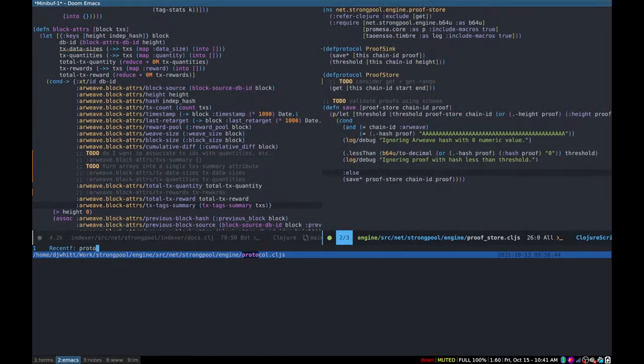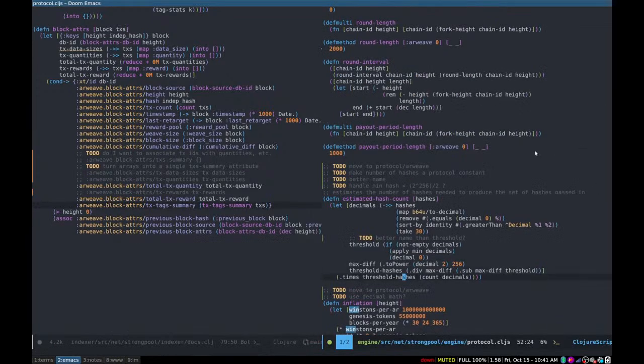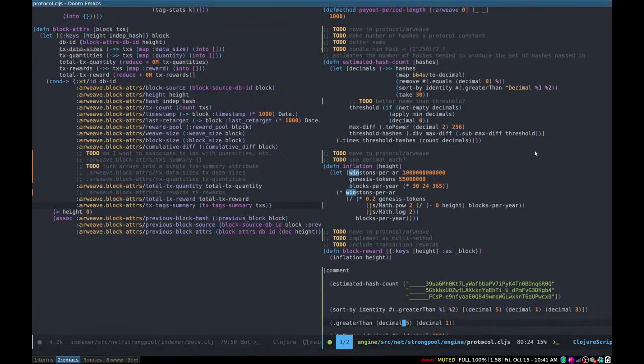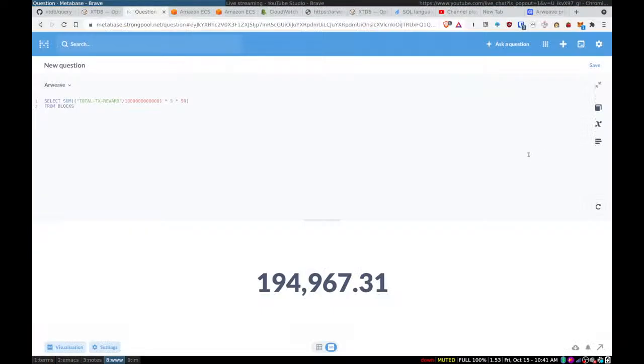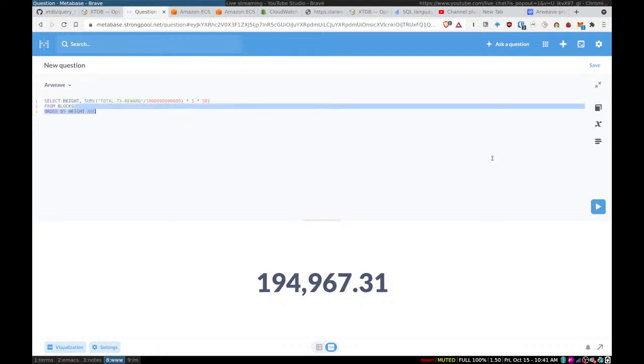Protocol. Yeah, inflation. So let's back this out. So we got height, sum, get our sum out of here.